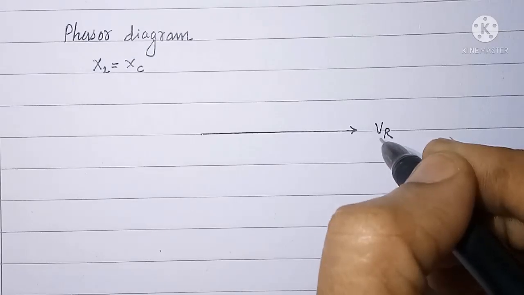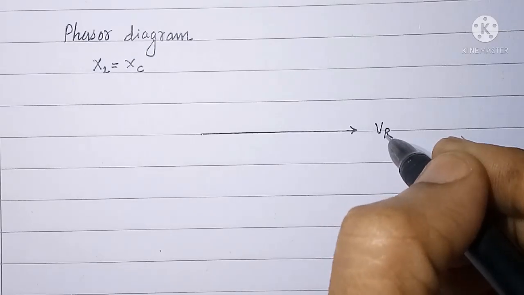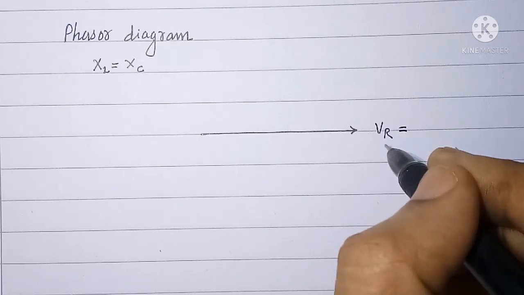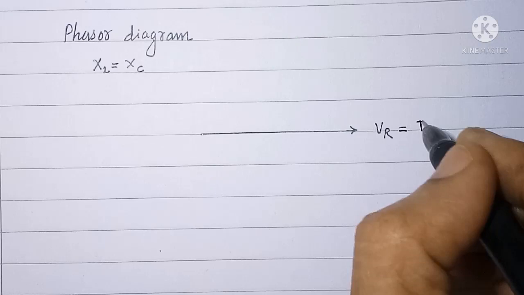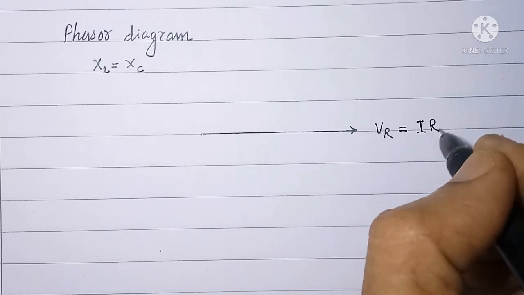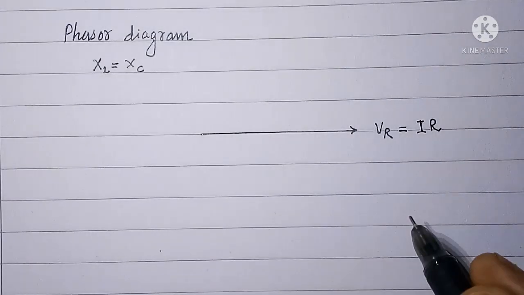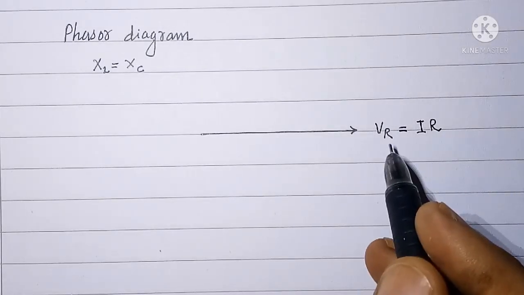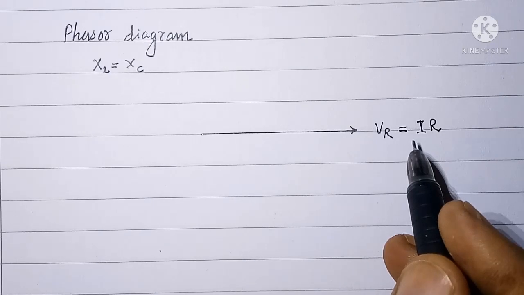Let us say voltage across resistor is taken as a reference, that is VR is reference here, and we know that voltage across resistor is I into R.